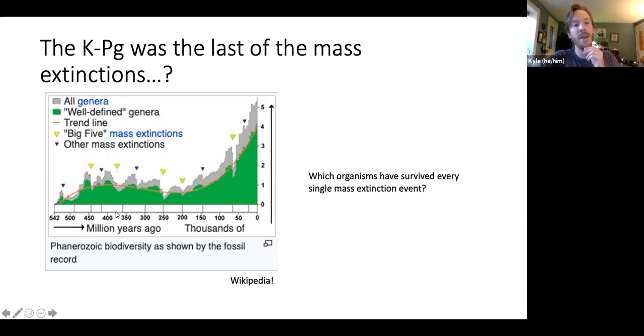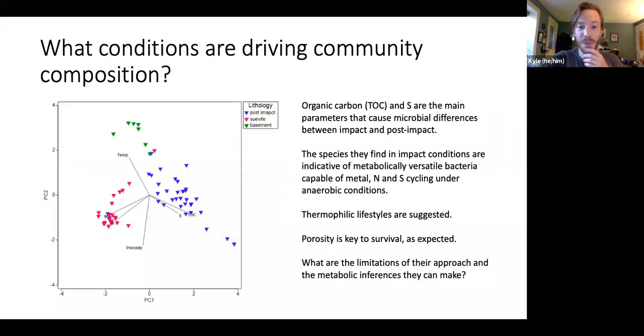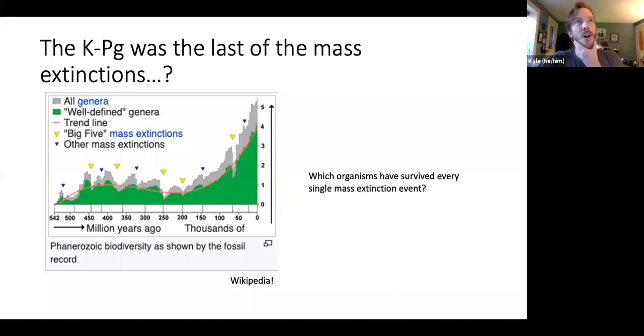So really we're limited by what we can see, and microbes don't typically fossilize very well or very clearly. You know, one itty bitty little circle looks a lot like every other itty bitty little circle. So those are harder to distinguish.